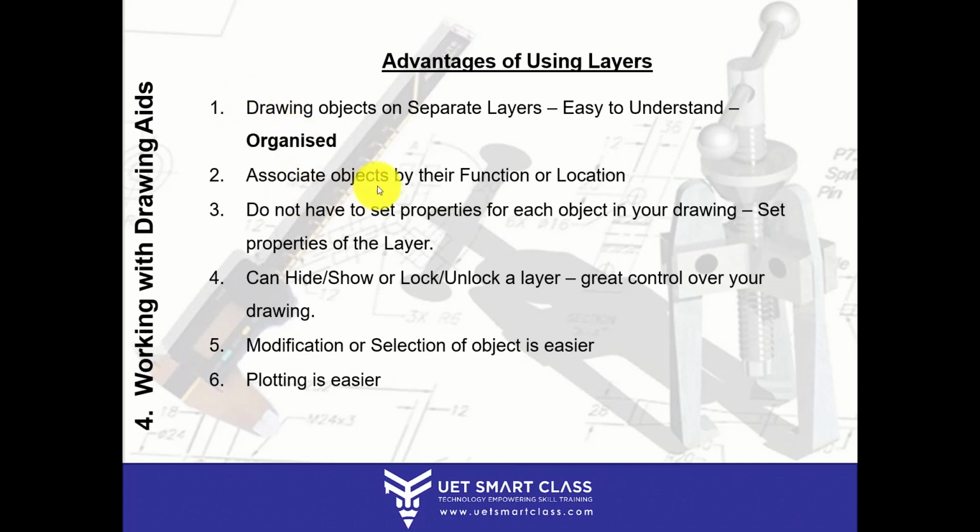Now, associate objects by their function or location. Again, as I said, you can associate the object with its function and you can locate it easily. Walls can be created, partitions can be created, and the most important thing is you can create something which all the other people, your mentors or your colleagues, can read.